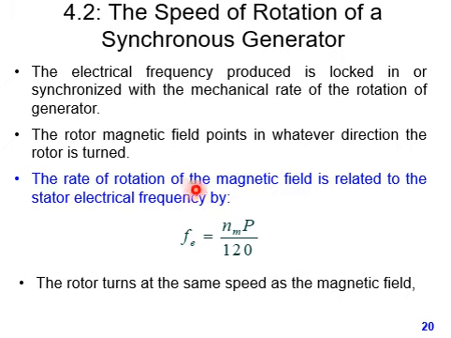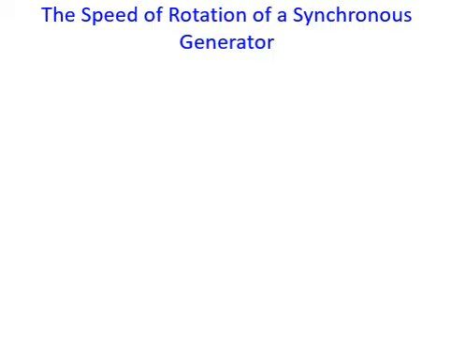The rate of rotation of the magnetic field is related to the stator electrical frequency by Nm = fe·120/p, or fe = Nm·p/120, and we derived this equation in the previous lecture. The rotor turns at the same speed as the magnetic field.